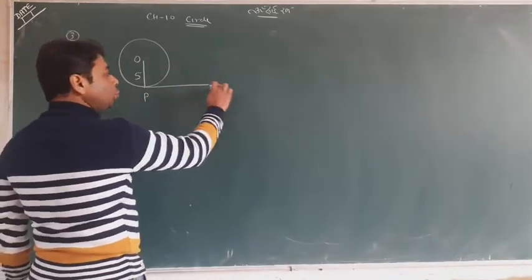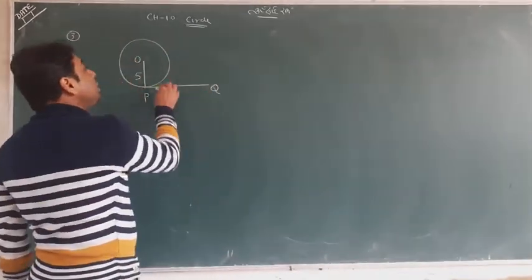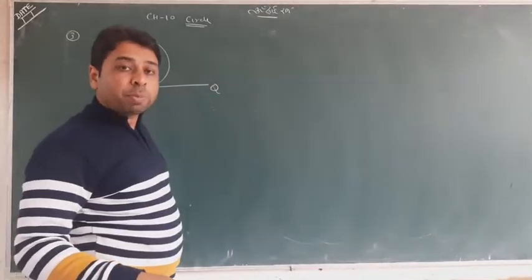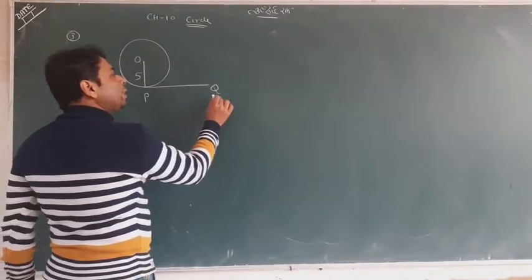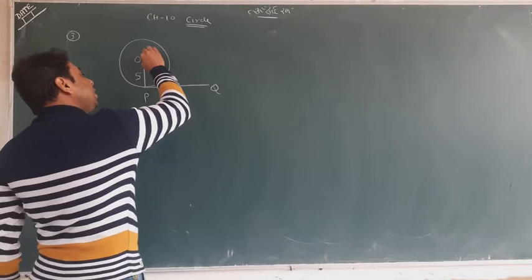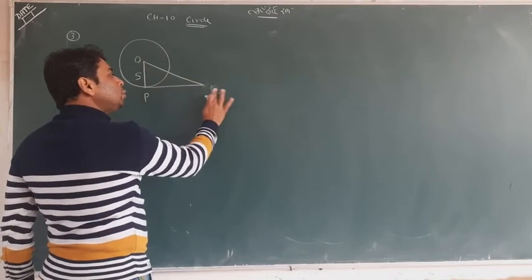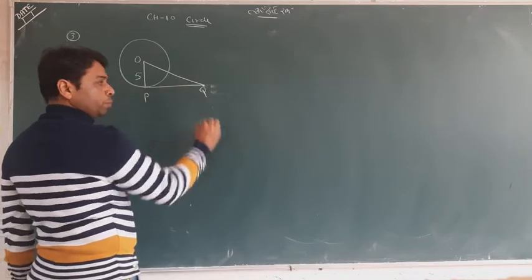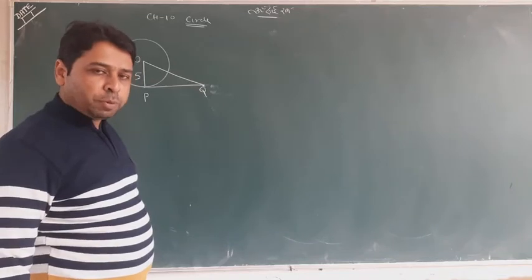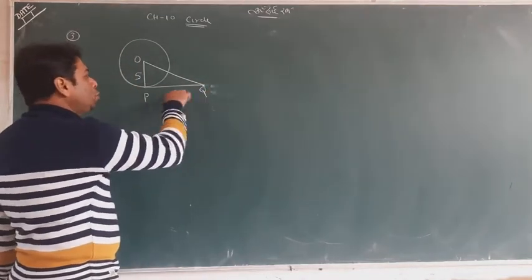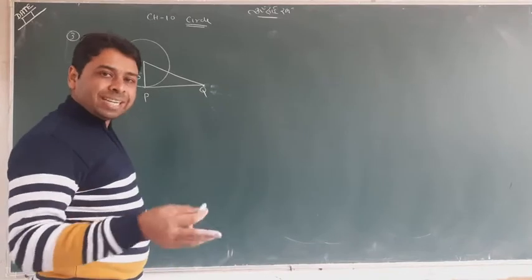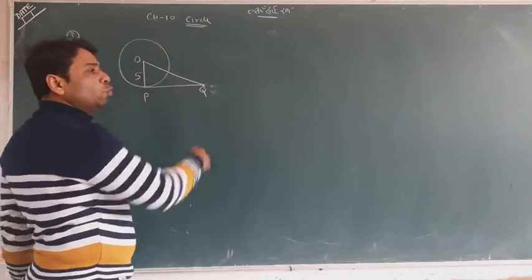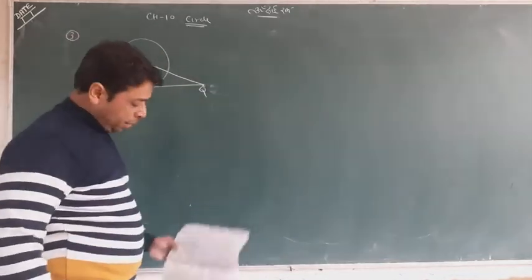This tangent PQ meets another line OQ, which passes through O. So this is a tangent, and a line which passes through center O meets that tangent at Q. Again, this is a tangent PQ at P, and it meets the line which passes through O at Q.